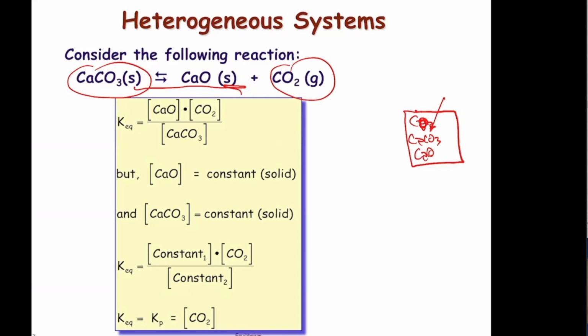But because calcium carbonate is a solid, they're going to be their own volume. It's not going to be dependent on the size of the container, unlike aqueous or gas. Now when we move this reaction in the forward direction, the moles will increase for calcium oxide, it will increase for carbon dioxide, and it will decrease for calcium carbonate.